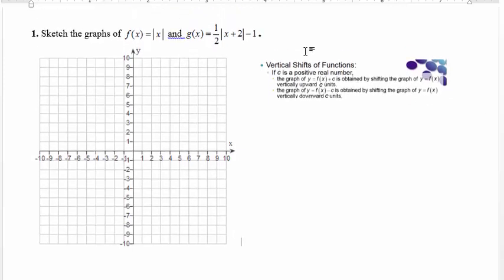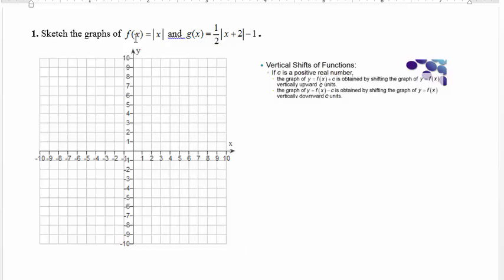So in this example, f of x is our function, the absolute value of x. Now, one of the things about that function is that it is really the graph of two lines.